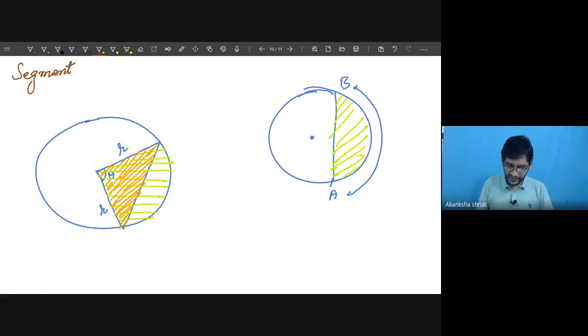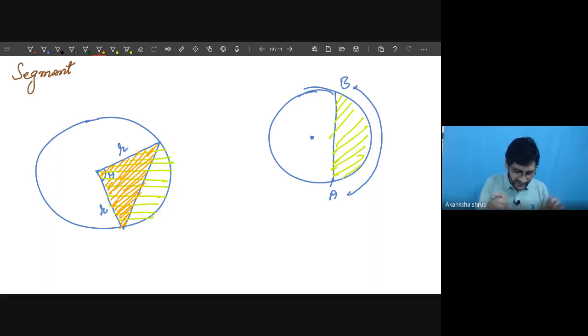Okay, so it is this one. This way the segment is always studied in terms of the area of sector minus area of triangle, or for the boundary length we need to find the arc length with the radius, then the chord length again with the help of radius and the angle at center. These are the two things we have to understand.